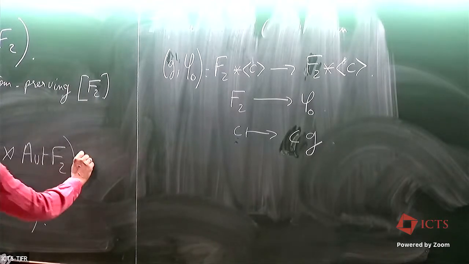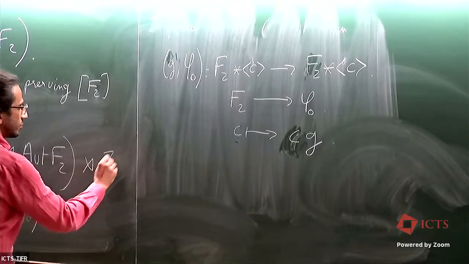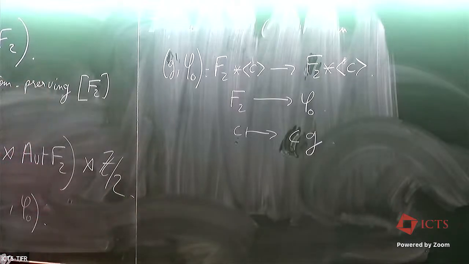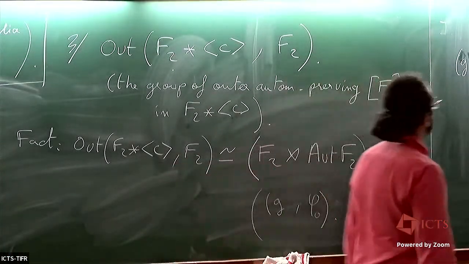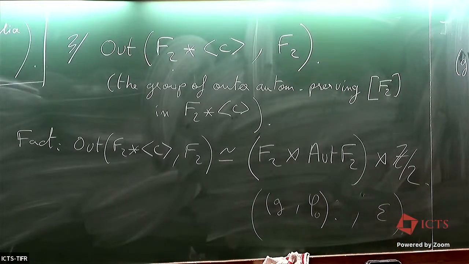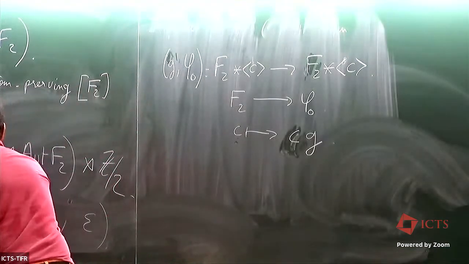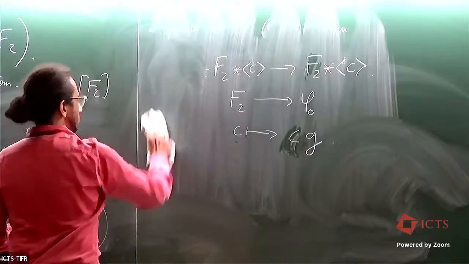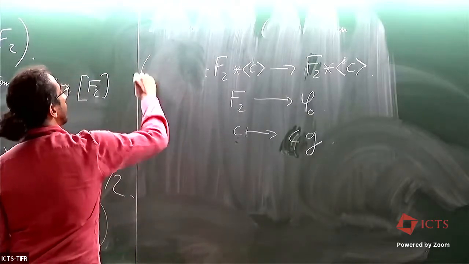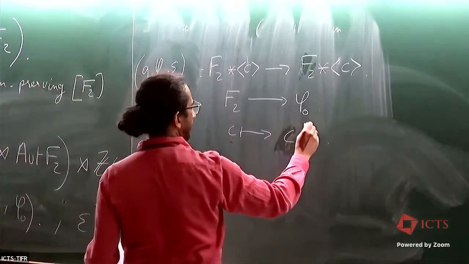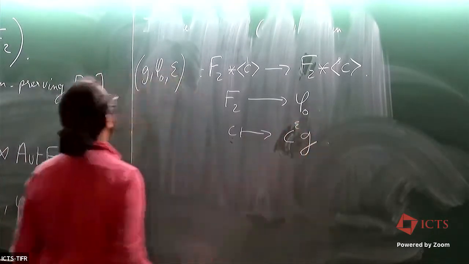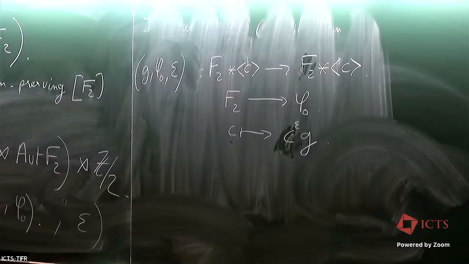And so there is another semi-direct product with Z over 2 here. It's slightly abusive what I write now, but meaning epsilon is equal to -1 or +1.